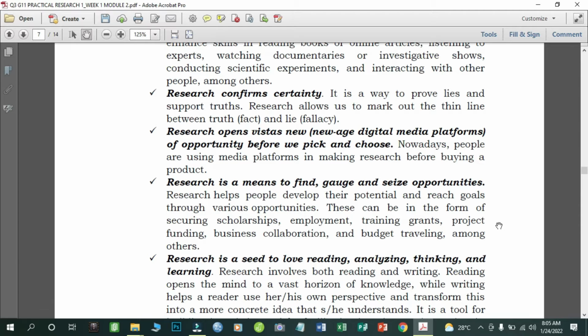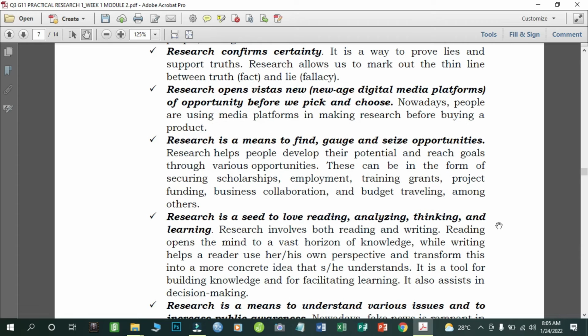Next, research is a means to find, gauge, and seize opportunities. Research helps people develop their potential and reach goals through various opportunities. This can be in the form of securing scholarship, employment, training grants, project funding, business collaboration, and budget traveling, among others.